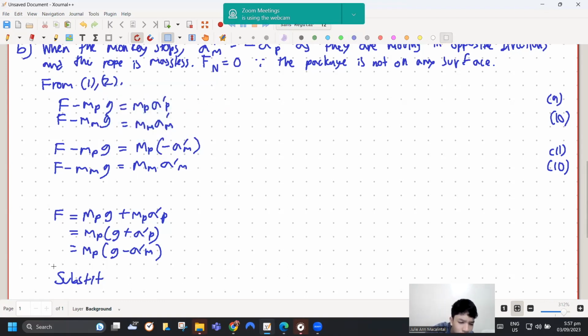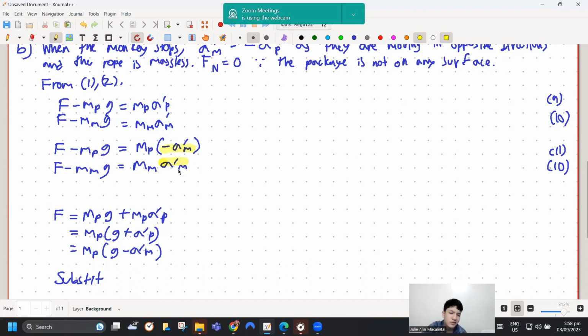Okay, so tingnan mo ngayon yung equation 10 at saka 11. Highlight yung mga unknown using yellow highlighter. Unknown is AM. Tapos, yung tension is F, di ba?